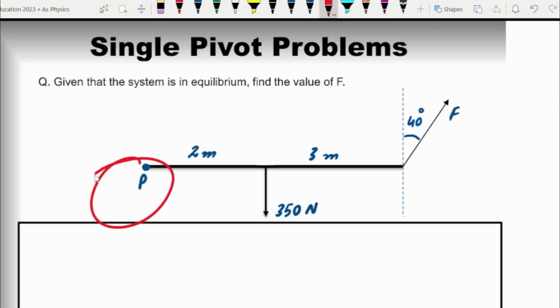So this is your pivot labeled with the letter P. There's a first force, you can call it F1 or whatever. This is of 350 newtons, and the perpendicular distance between this force and the pivot is 2 meters.